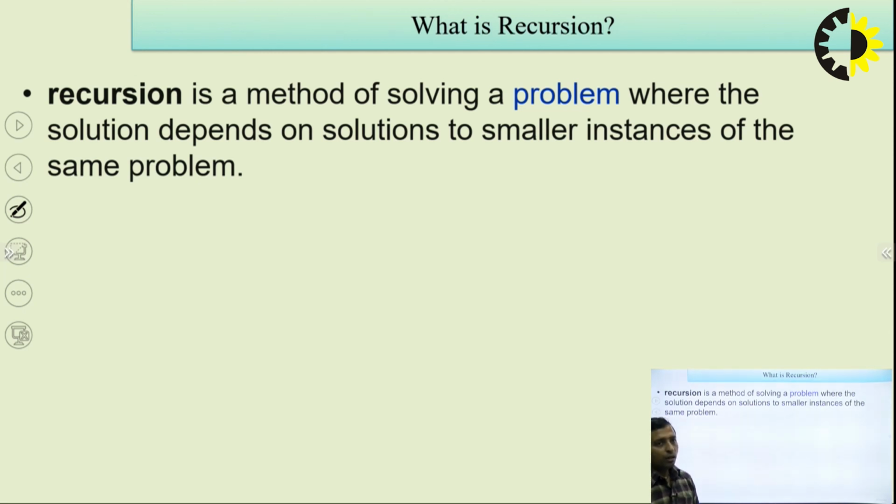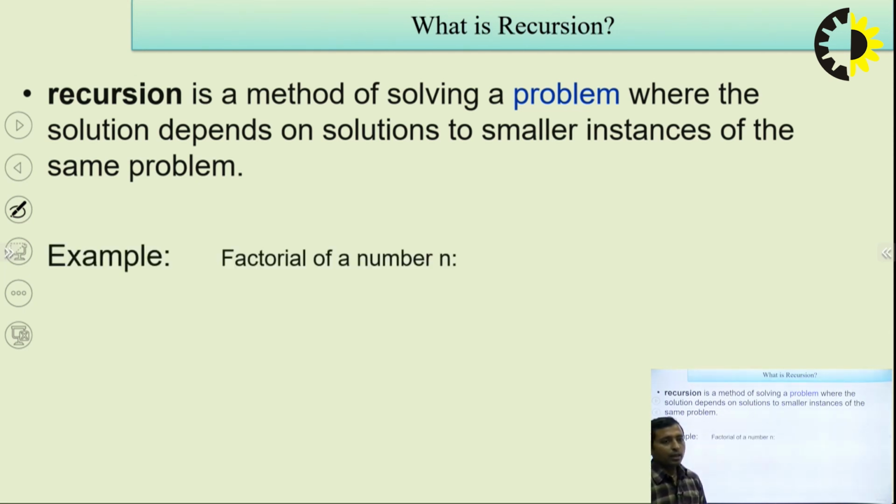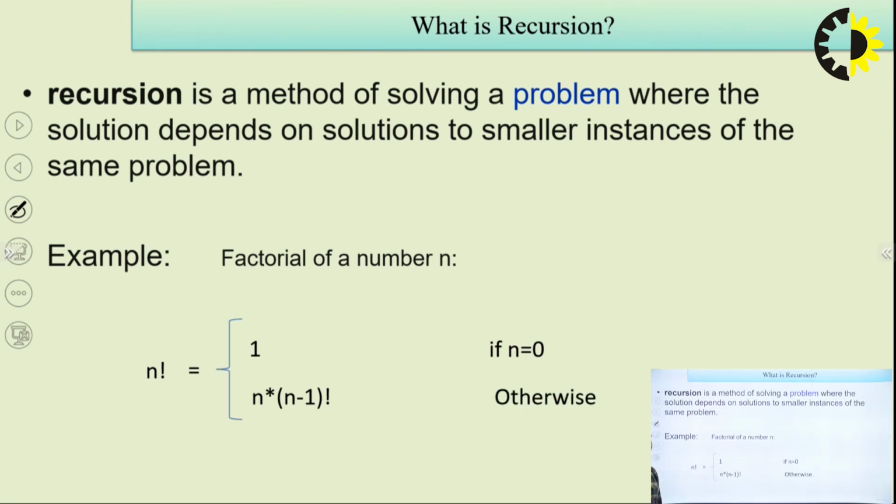So, we can explain by using an example. We know the factorial of a number. What is the factorial of a number? We say factorial of n. Factorial of n is 1 when n equals 1. Otherwise, the factorial of n is n into factorial of n minus 1.